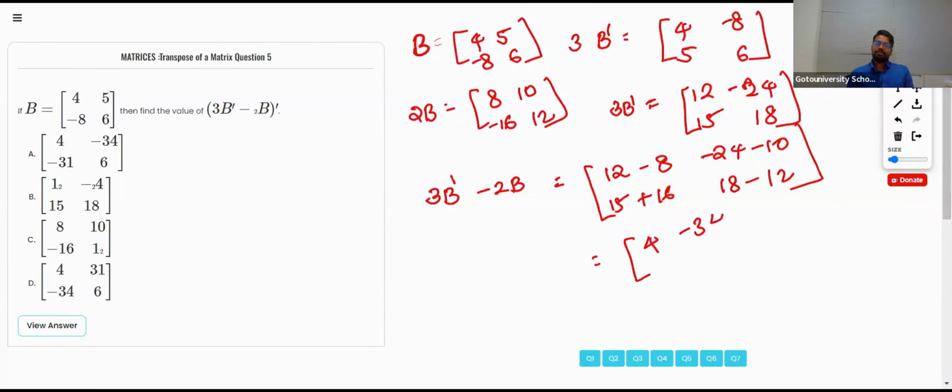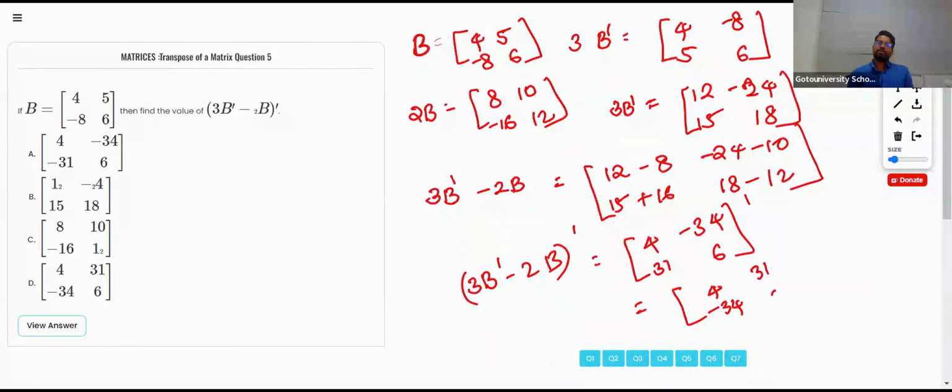This is minus 34. This is 31. This is 6. And we want its transpose only, not this. So what is its transpose? Its transpose is 4, minus 34, plus 31, plus 6, which is the answer. Which option? By quick observation, the answer is option D.